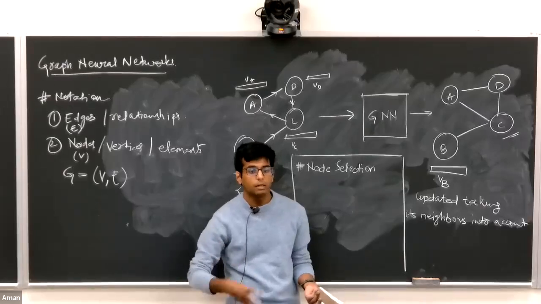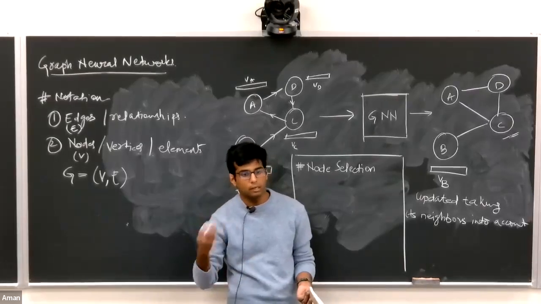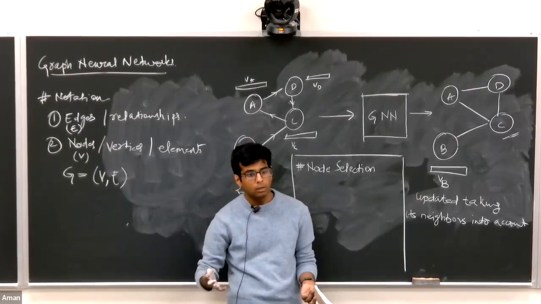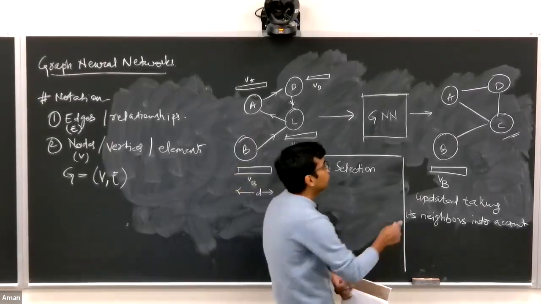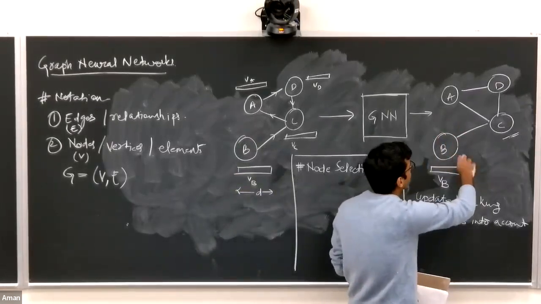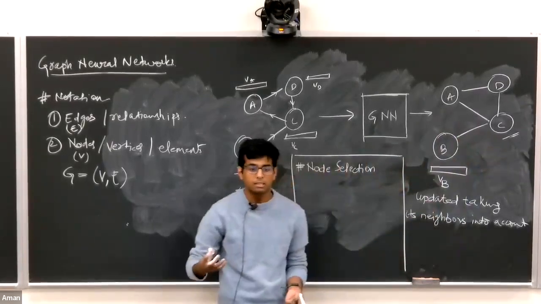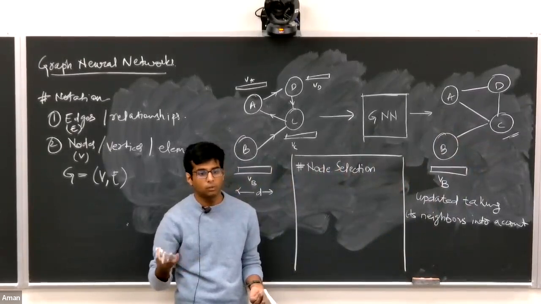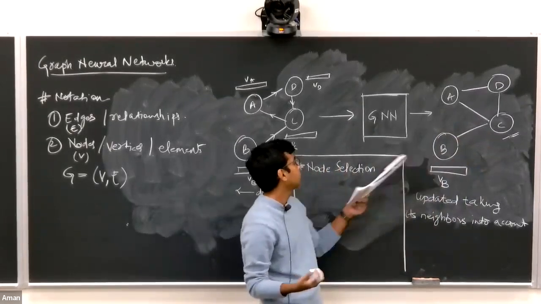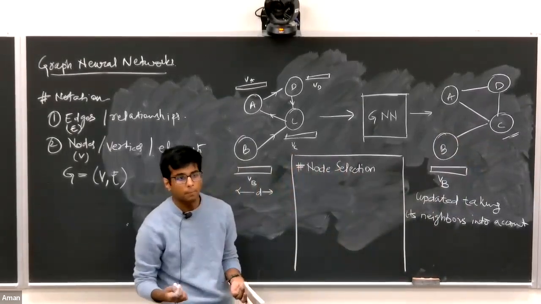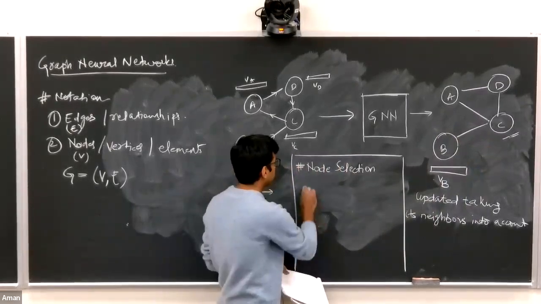So what you do is that you keep updating the nodes again and again using a graph neural network algorithm, and eventually, once all of the nodes are updated, you check which node has the highest value based on a certain metric that you design, and then that would give you what node to select, right? So that's node selection.